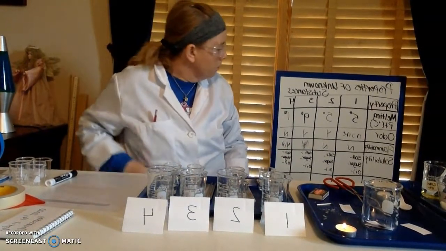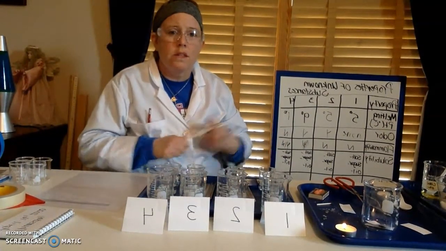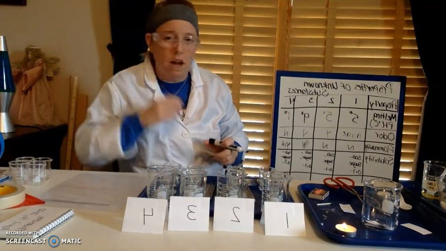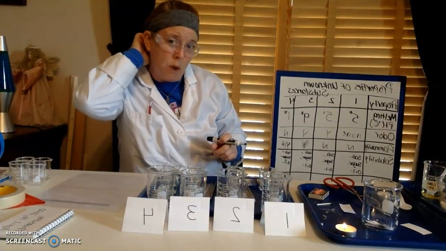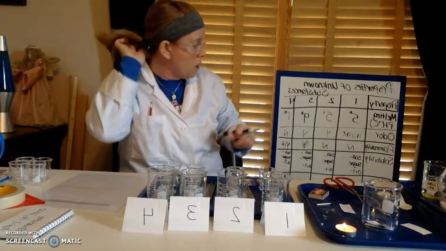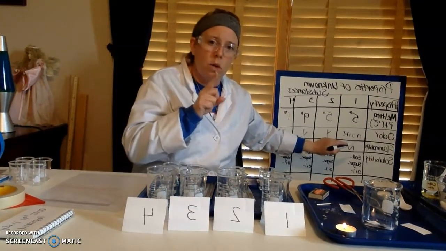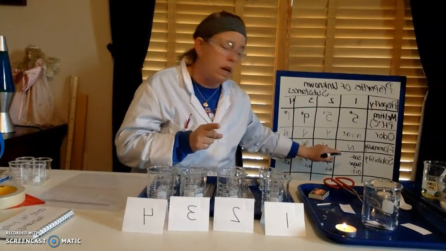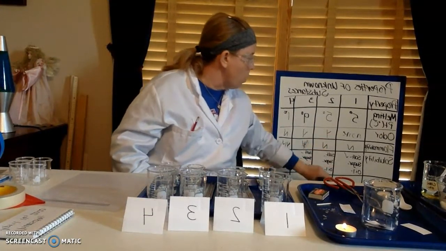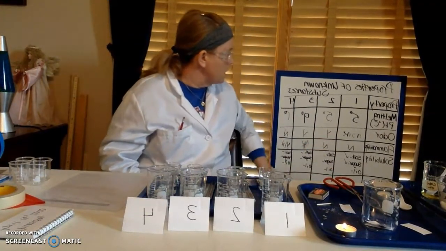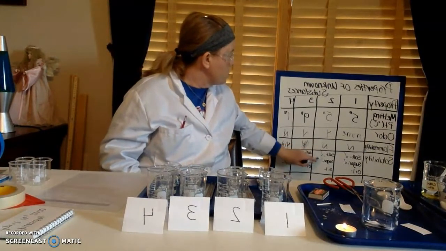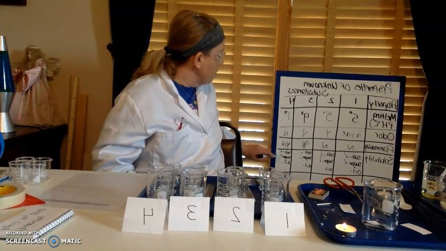All right, so this is going to be really small. This is going to be a lot of Y's and N's, so I'm just going to summarize this for you. Number 1, I'm just putting check marks where it was dissolved. Again, we're checking for solubility, what is being dissolved. So salt and sugar was definitely done there. It was done in number 2, like I said, and it was also done in number 4.